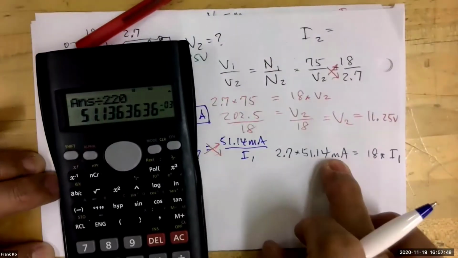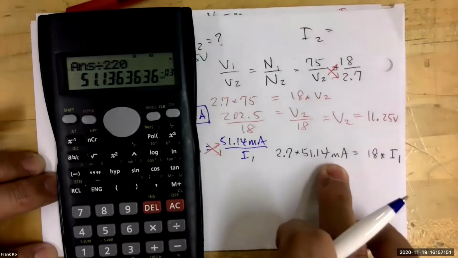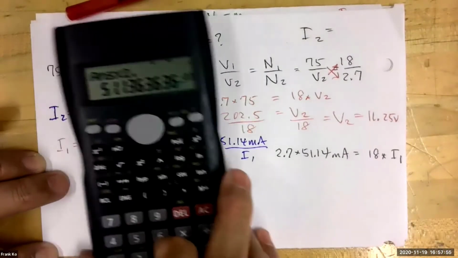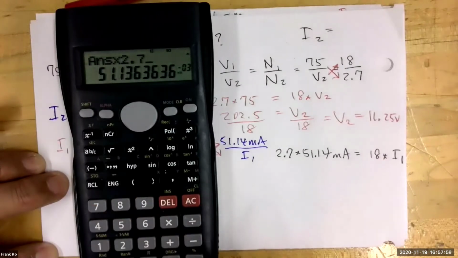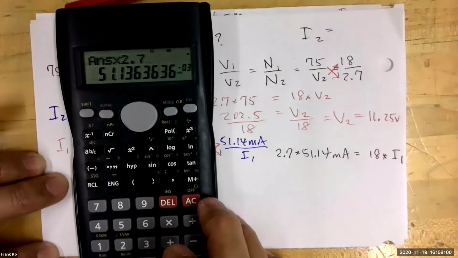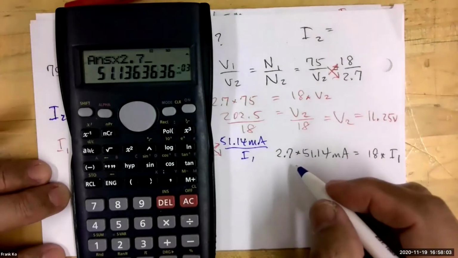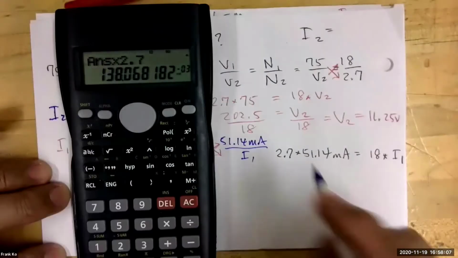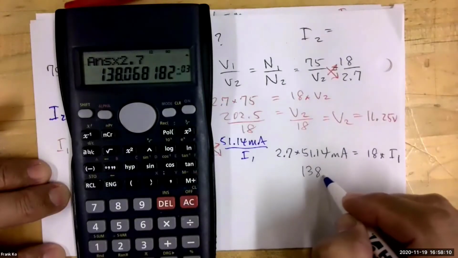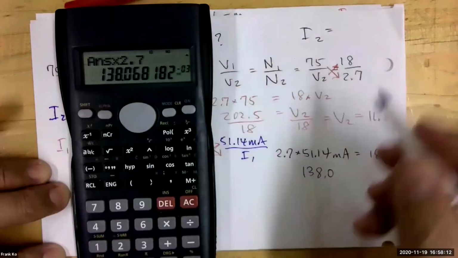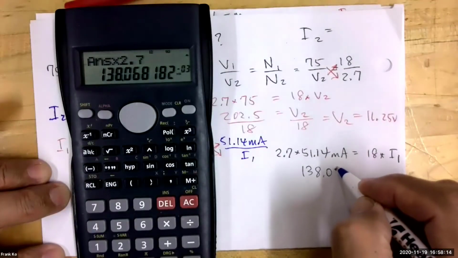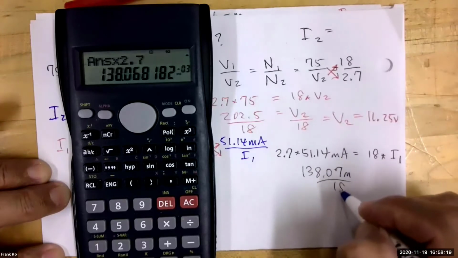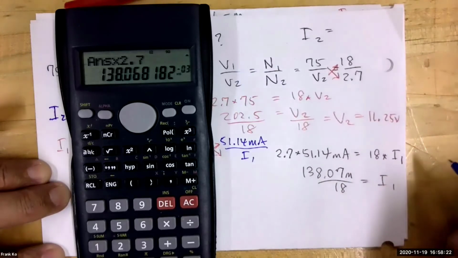So let's go ahead and do that. What is 2.7 times the 51.14 milliamps? So I'm going to times 2.7 since it's still in my calculator and hit equals. Yusuf, you have a number for us for this part of our equation? 138.08 milliamps. 138.08 milli, and then that will be divided by 18 in order to calculate my I1, yes?